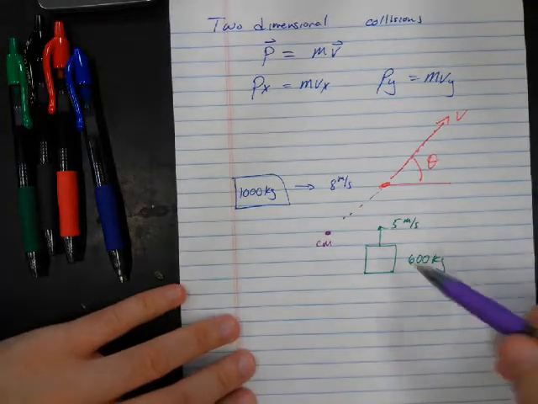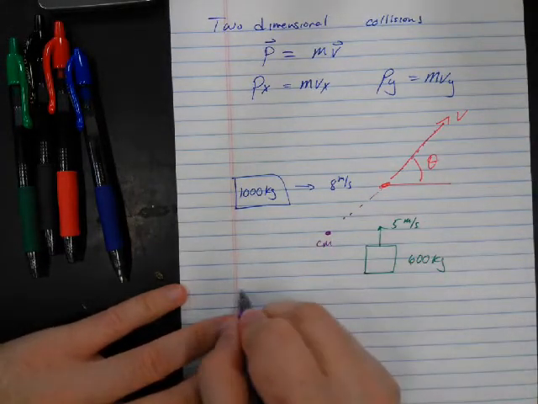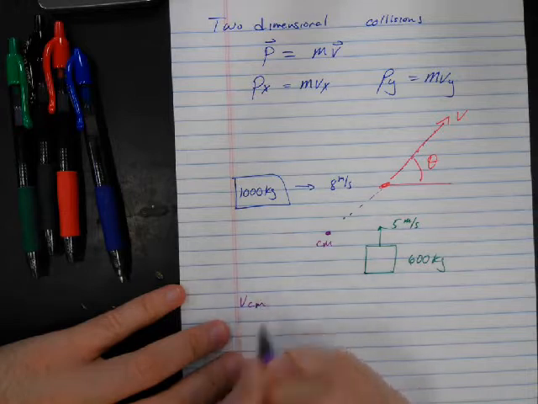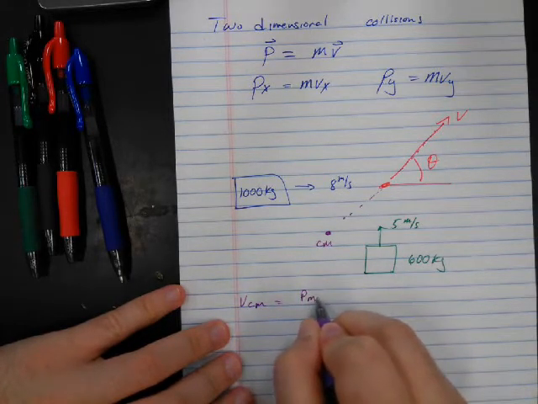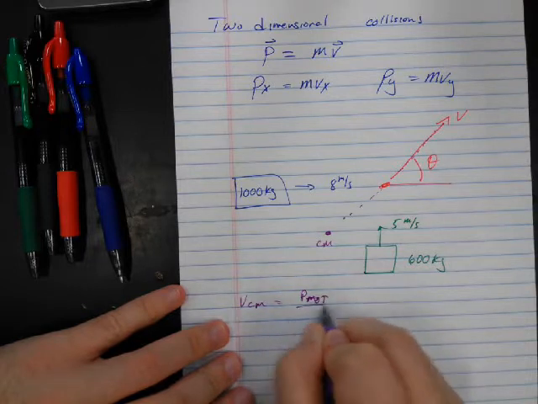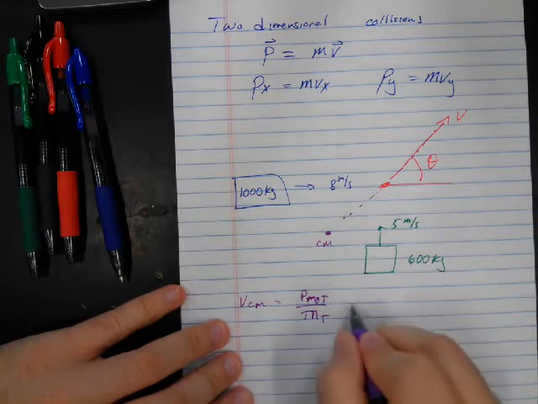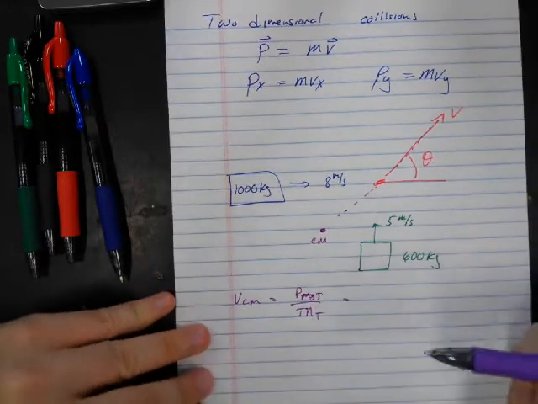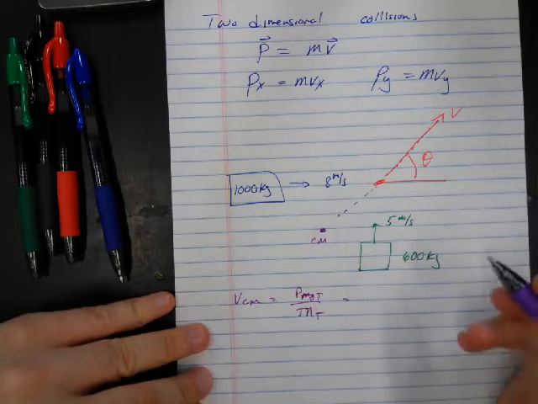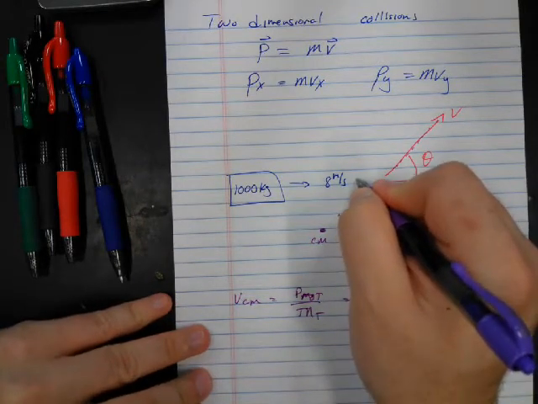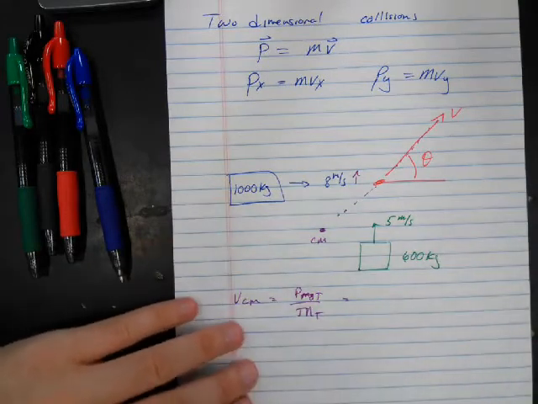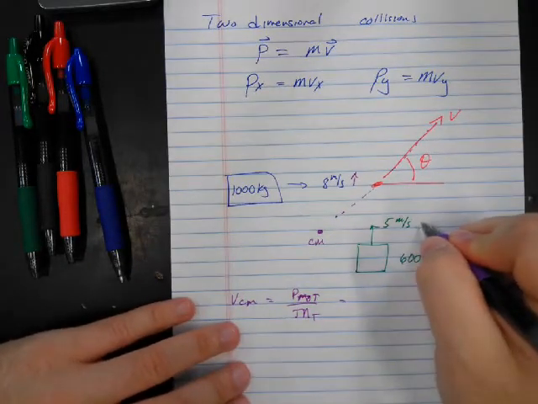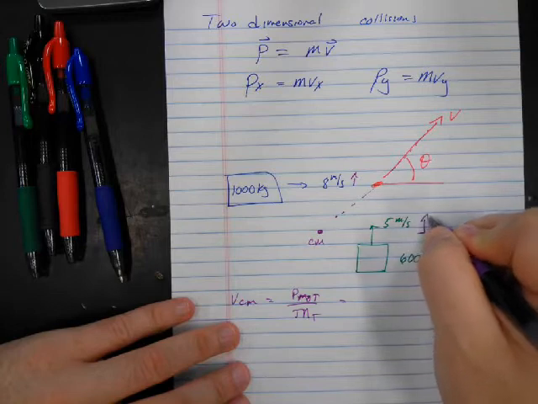So we can find the velocity of the center of mass if we want to. That is the total momentum over the total mass. Now this is where we have to be careful, is these things are vectors. This is 8 meters per second in the I direction, or in the x-axis direction. And this is 5 meters per second in the j direction.